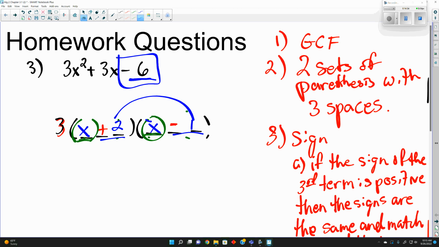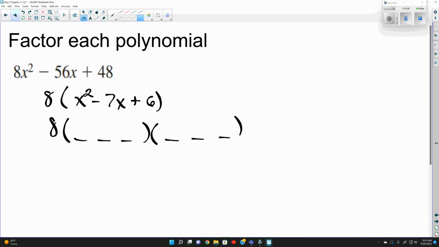Now, if the third term is positive, which here it is, yes? What's a positive number times a positive number? Positive number. What's a negative times a negative? A positive, yes? So if the signs are the same, negative and negative or positive and positive, we end up with a positive, yes? Okay, that kind of makes sense.